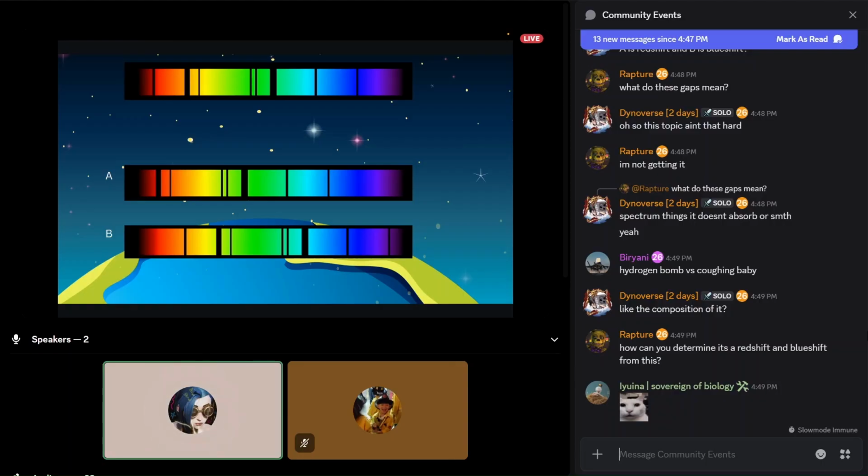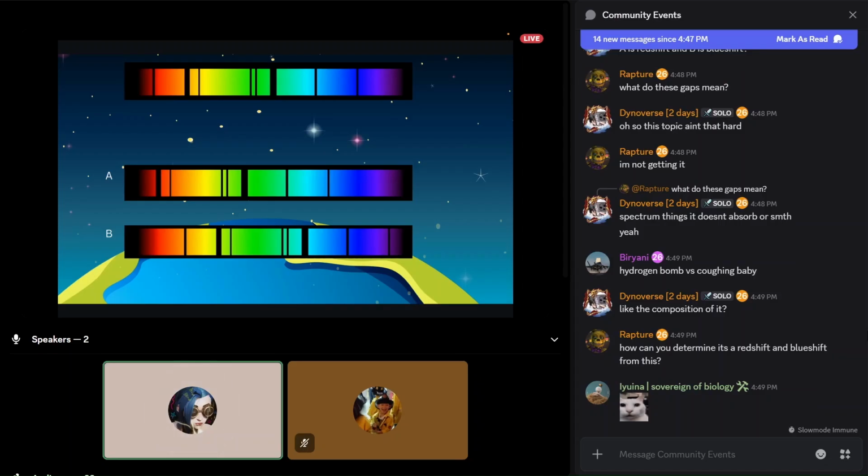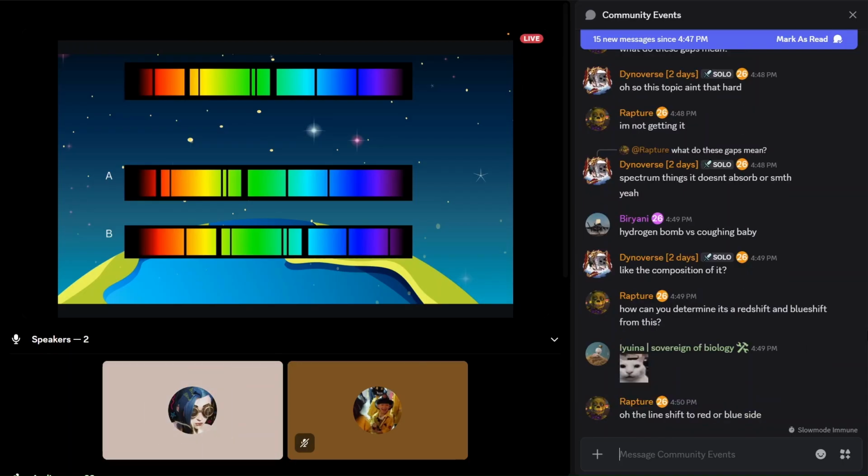If you can tell that the lines are the same pattern of lines, but they're shifted to the red side or to the blue side, then you can tell whether it's redshifted or blue shifted, because elements still emit light, not radiation. Yes, correct. So you guys all understand? Can I move on?